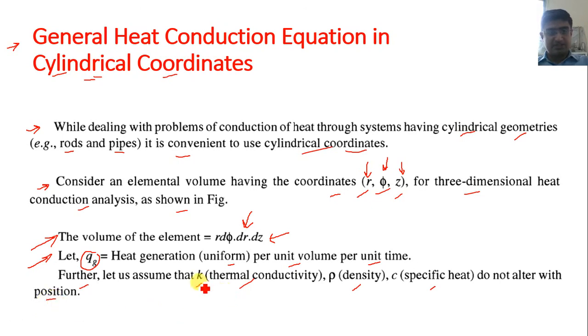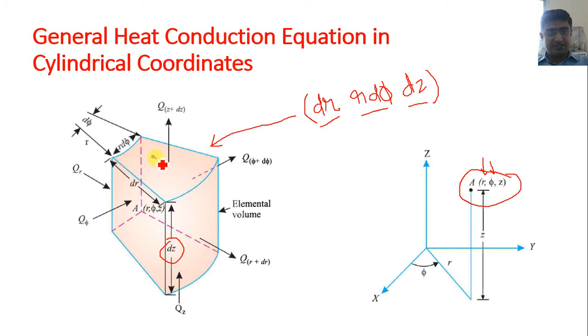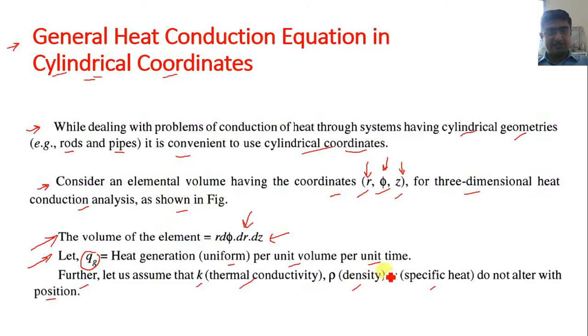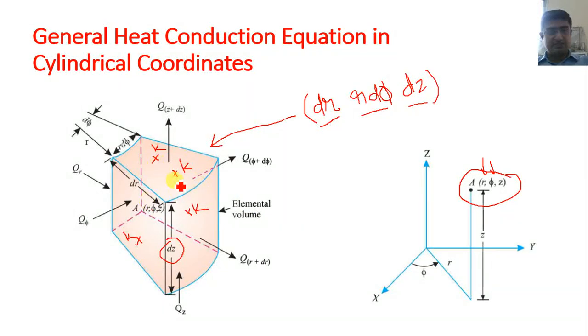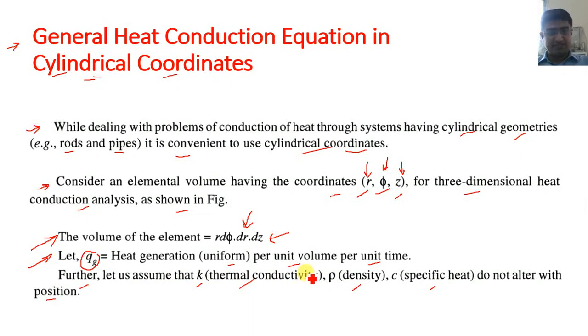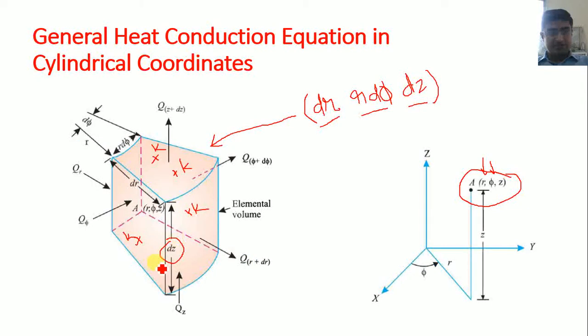It means the material is homogeneous: at each and every point and in all directions the conductivity remains the same, and properties like density and specific heat remain constant. And small qg is the amount of heat generated within this element with the help of some external heating source.